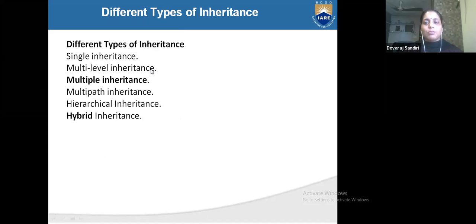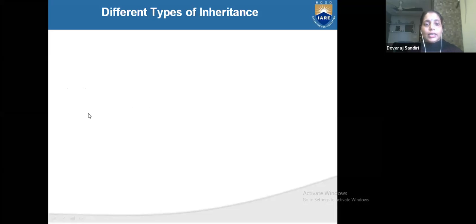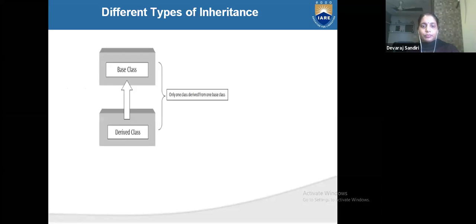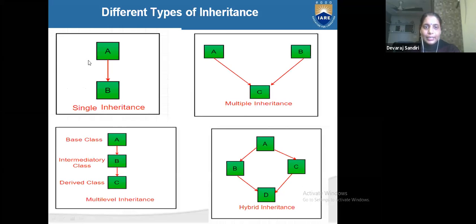Single inheritance, multilevel inheritance, multiple inheritance, multipath inheritance, hierarchical inheritance, hybrid inheritance. Single inheritance means only one parent and one child; the child accesses from its one parent.